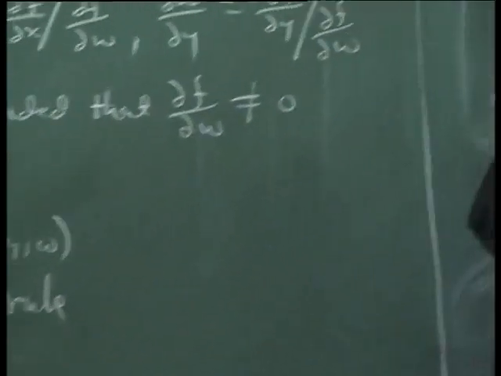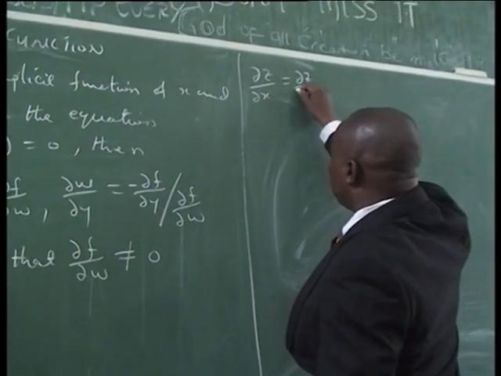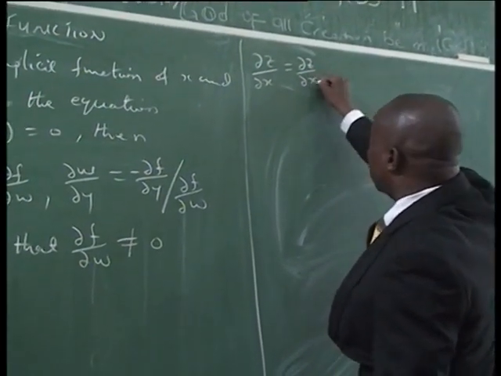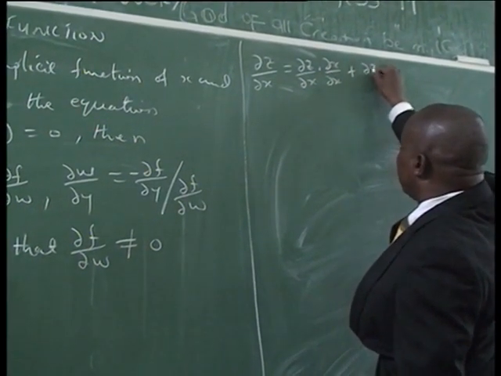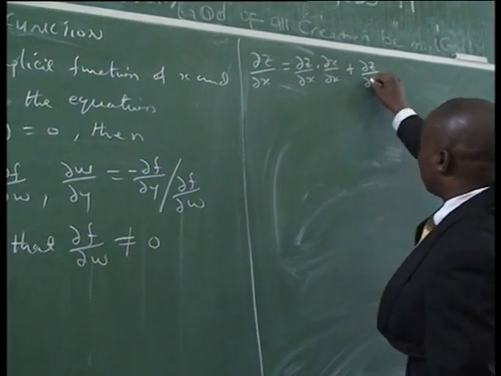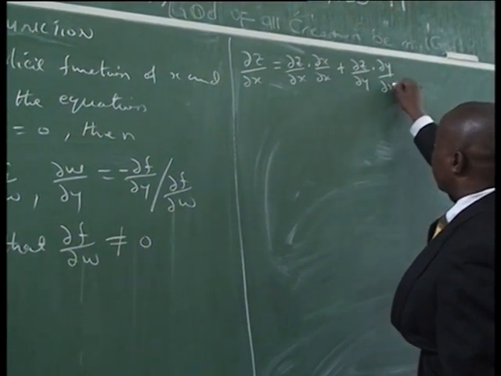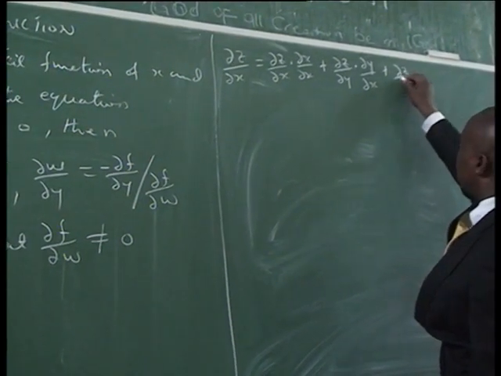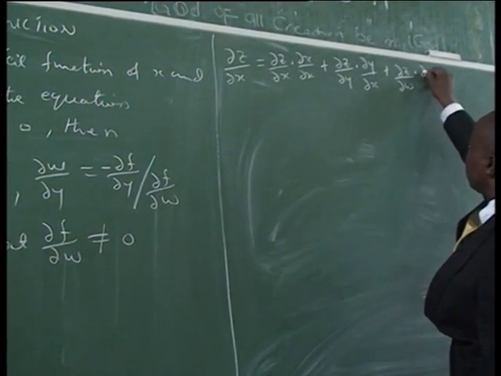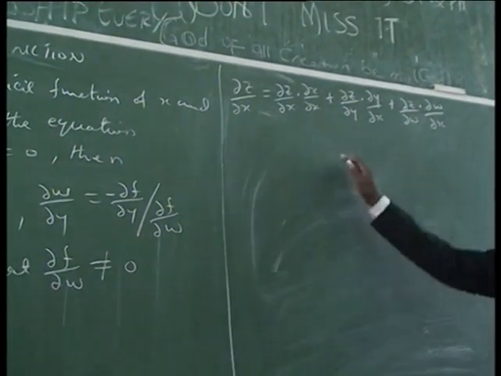So by chain rule, partial z, partial x is equal to partial z, partial x times partial x, partial x, plus partial z, partial y times partial y, partial x, plus partial z, partial w times partial w, partial x. So by chain rule, we have this definition.